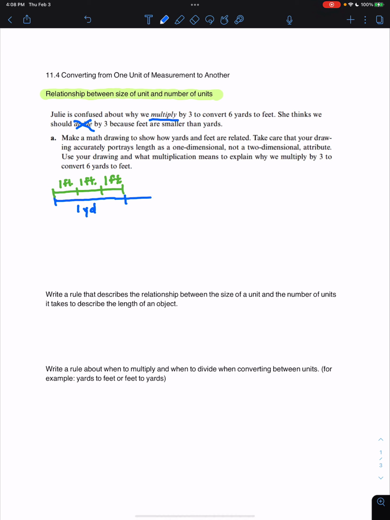Now we can look at Julie's problem. Instead of 1 yard, we want to have 6 yards. And I'm going to run out of space on my screen, so I have to come down here and draw my 6th yard. But each one of these represents 1 yard.